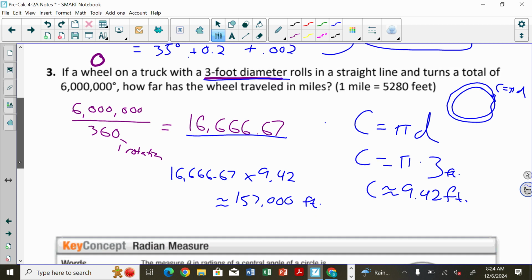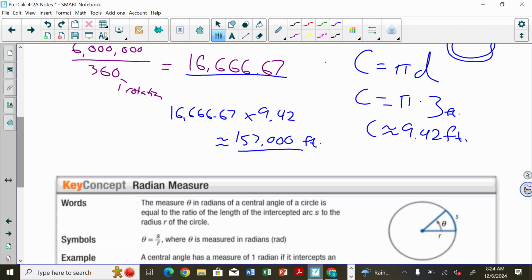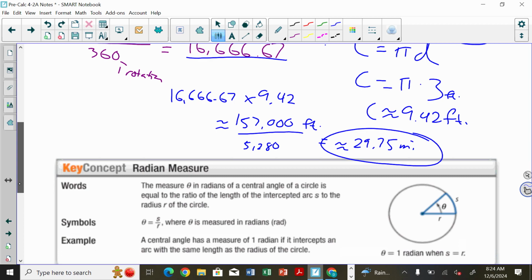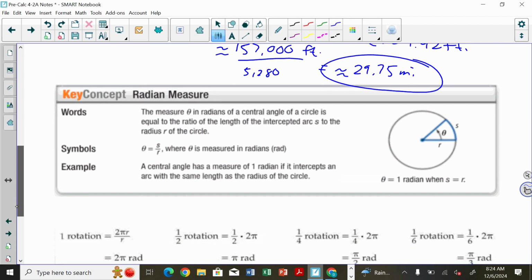Now I have to change that into miles, so I do that by dividing by 5,280 feet in a mile. That would give me about 29.75 miles.